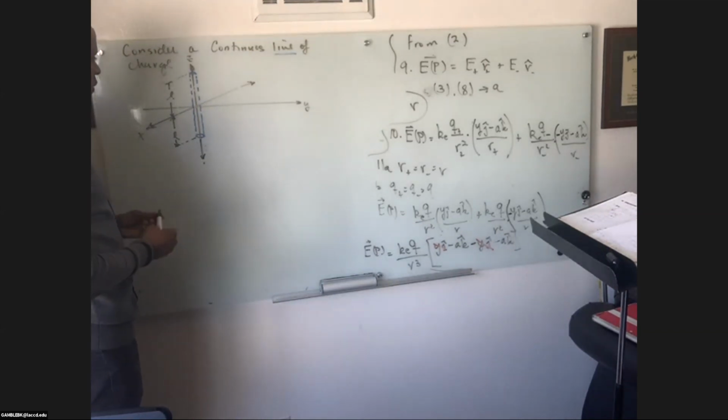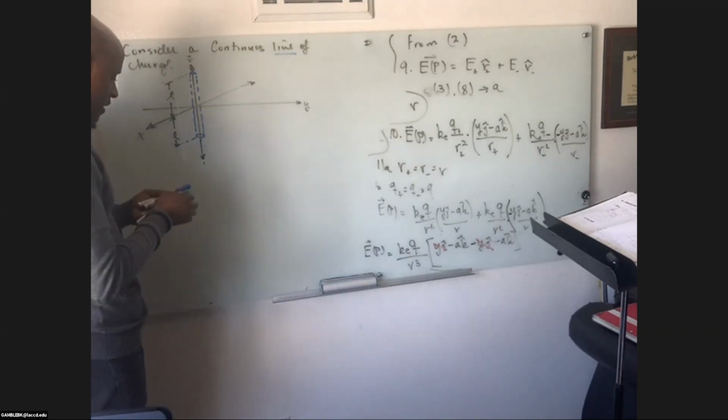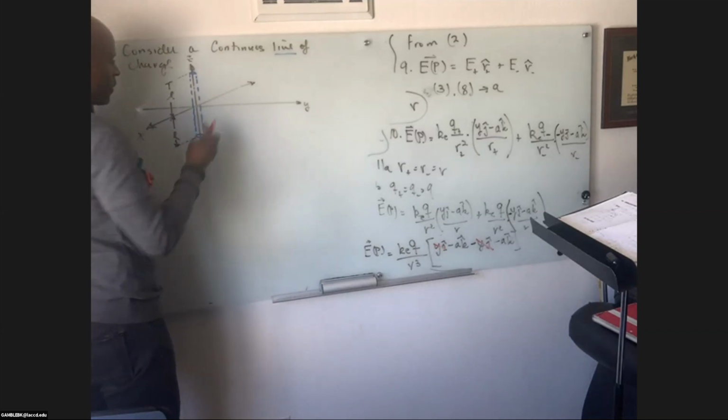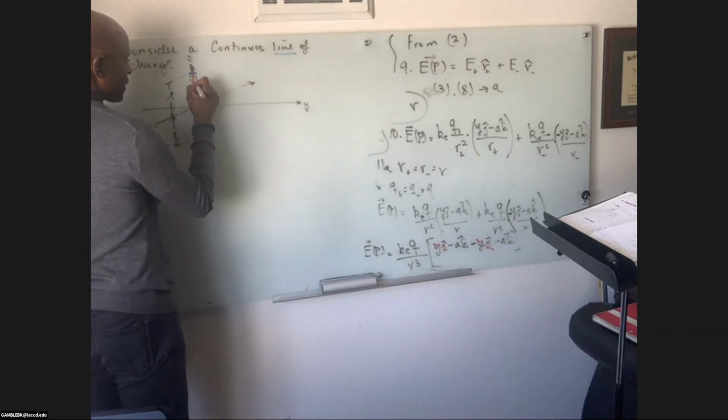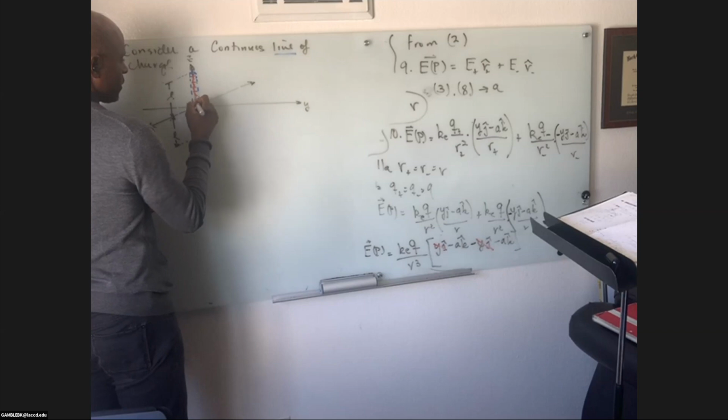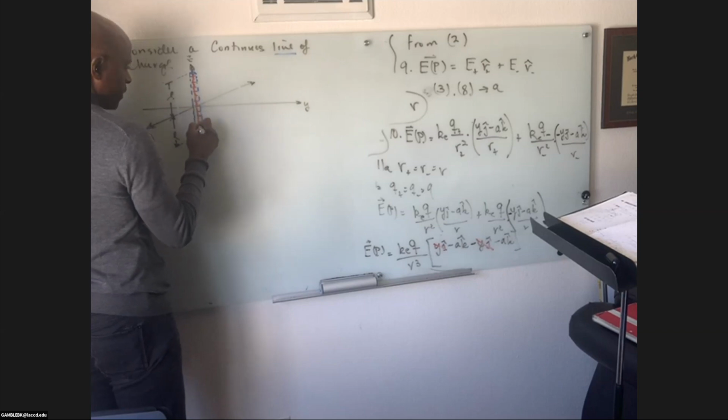And this charge, I'll make it a different color. Again, you could think of it like a point charge. Basically, it's distributed over this thing.